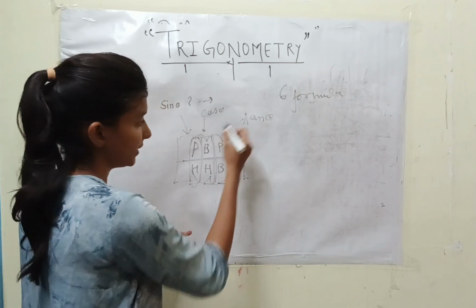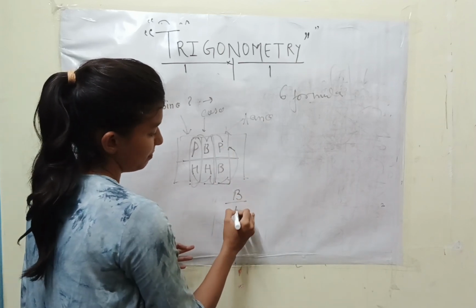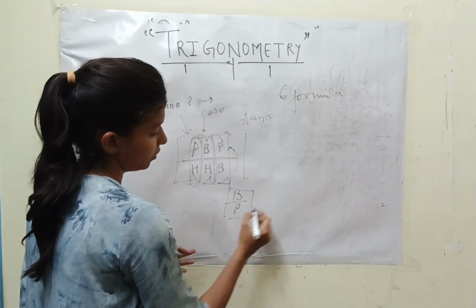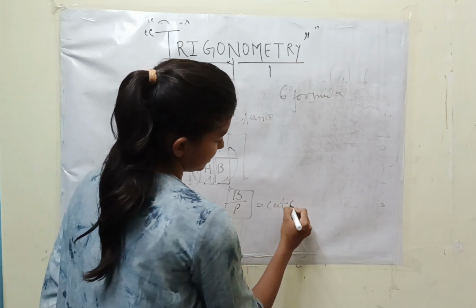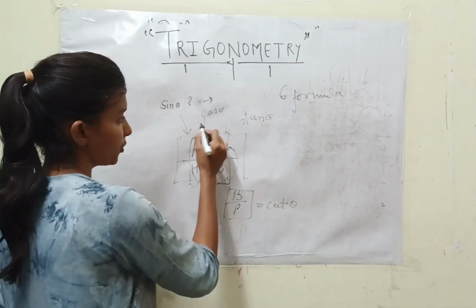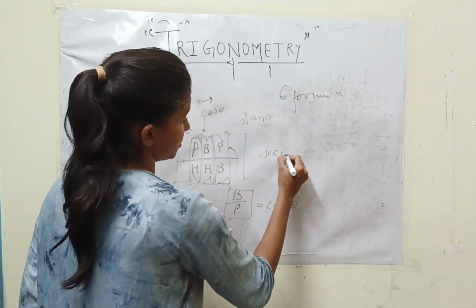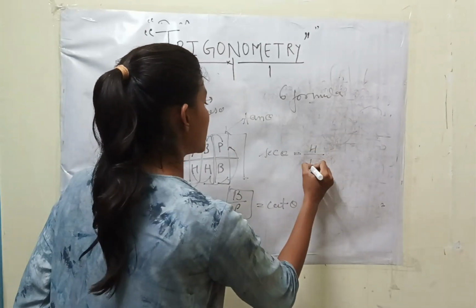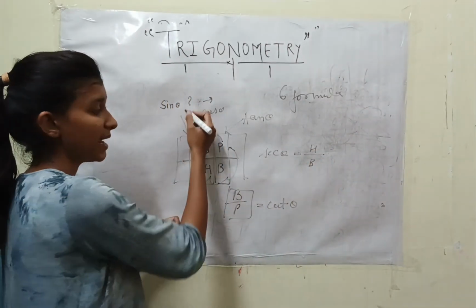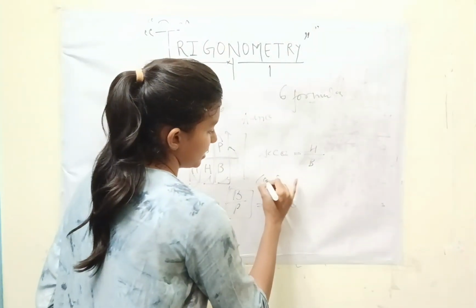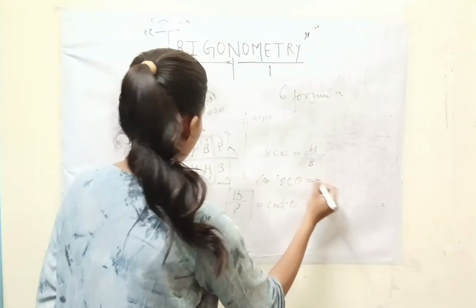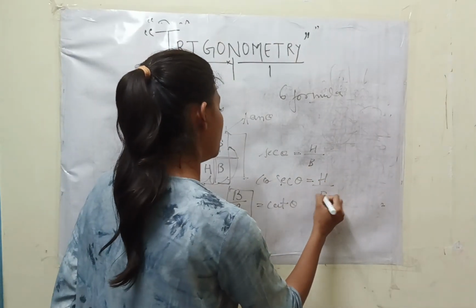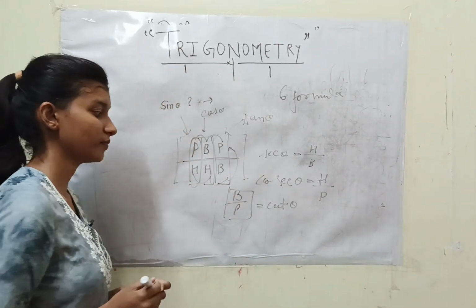If you reciprocate tan theta, it means b by p, base upon perpendicular, which is defined as cot theta. If you reciprocate cos theta, it is defined as sec theta, which is hypotenuse upon base. If we reciprocate sin theta, it is defined as cosec theta, which is hypotenuse upon perpendicular.